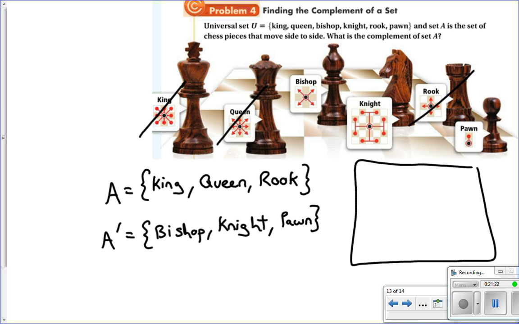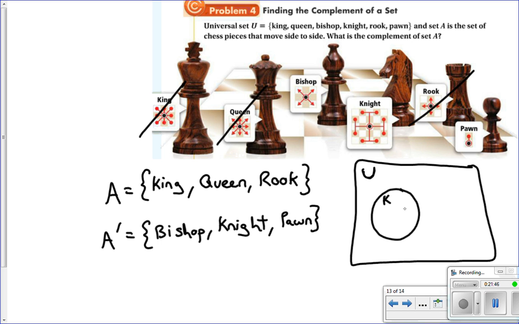And if it helps, let's make a Venn diagram of it. We'll call this whole entire thing U, because that's our chess pieces. Set A is going to be labeled as all the pieces that can move side to side. And so that's going to be king, queen, and the rook.